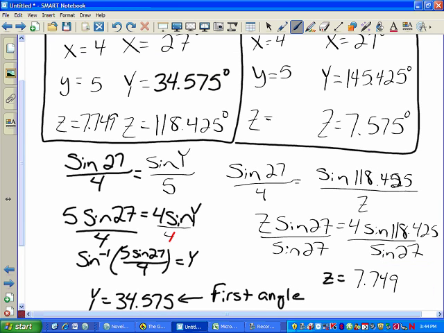7.749. Now, if you're handy dandy with your calculator, if you push second enter a couple of times, you'll go back to this equation, and all you're going to have to do is change your 118 to 7.575, and you won't have as much calculator to push, but that's up to you.